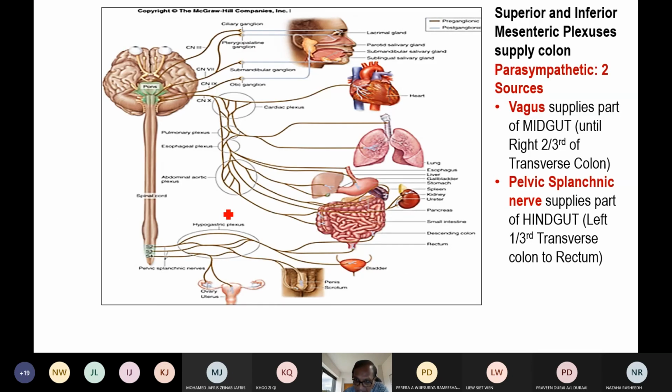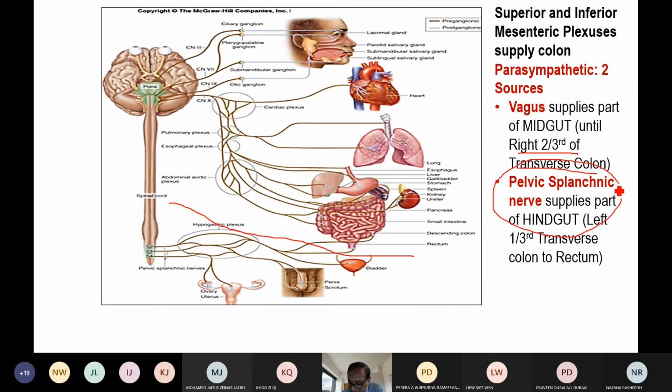Now coming to the nerves, there are two types of nerve in the intestine, parasympathetic and sympathetic. For the parasympathetic, again in this picture you can see there is a clear demarcation. The vagus supplies until where? Until the right two-thirds of the transverse colon. From your throat, pharynx, to the right two-thirds of the transverse colon is vagus. But what is the alternative to the vagus?